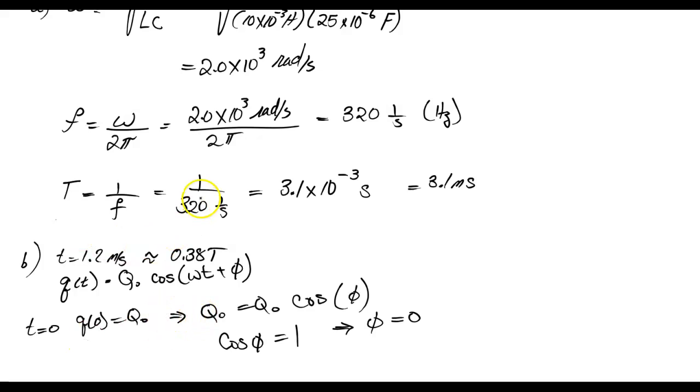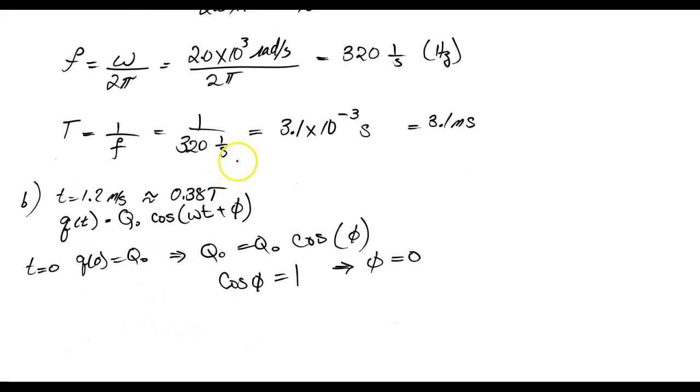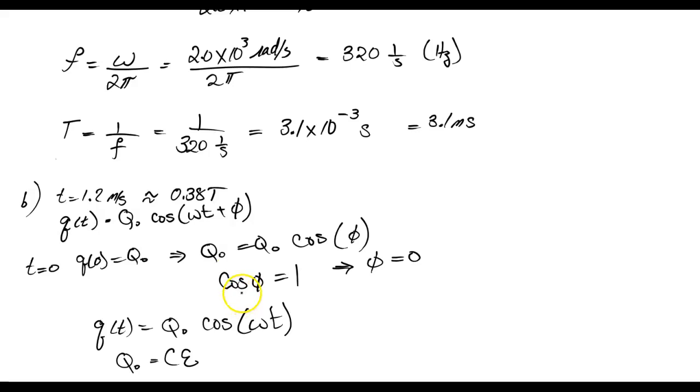And if that is the case, then q of t now becomes q naught cosine of omega t, and q naught can be given by the relationship of C times the EMF. We've seen this in the capacitor chapter.